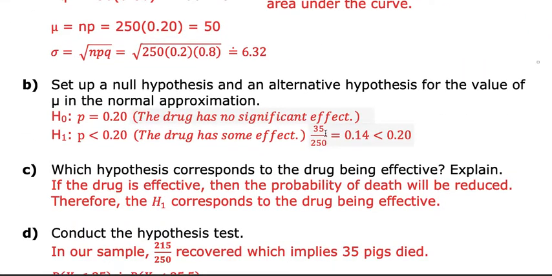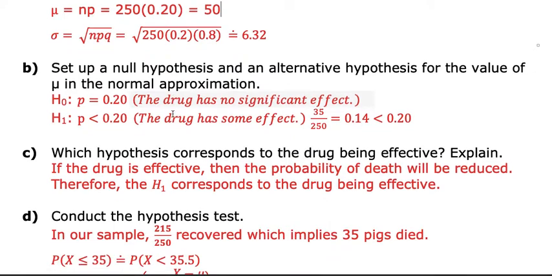Subtract 250 minus 215, we get 35 died. Divided by 250 gives us 14% of that population died, which is less than the 20% that are expected to die if they receive no treatment. And the question is, is that difference likely to be due to our intervention or just statistical fluctuations?